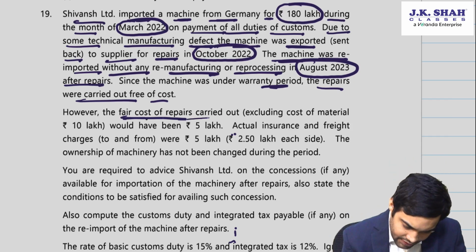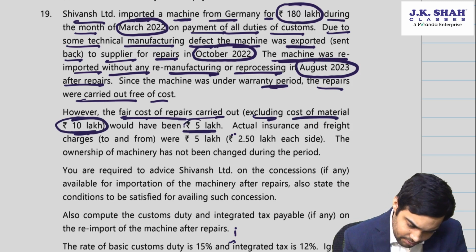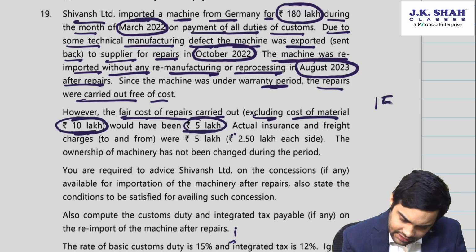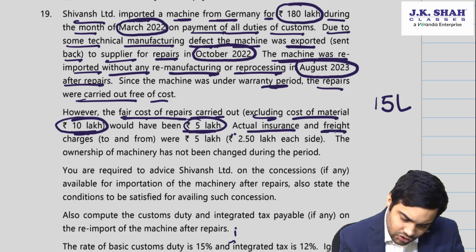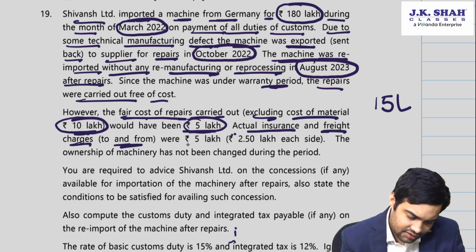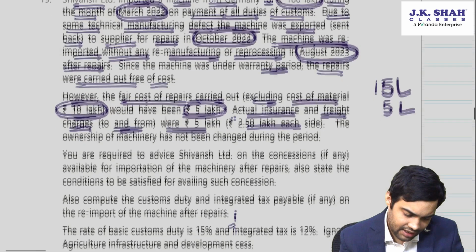However, the fair cost of repair excluding cost of material of 10 lakh would be 5 lakh. So 10 lakh plus 5 lakh, 15 lakh is the fair cost of repair including material. Actual insurance and freight charges to and from was 5 lakh, that is 2.5 lakh each. So this will also be added.